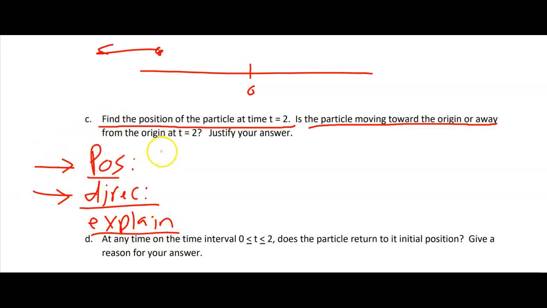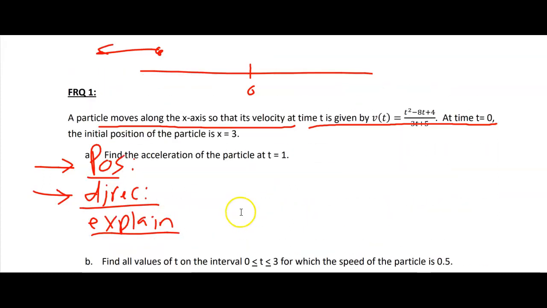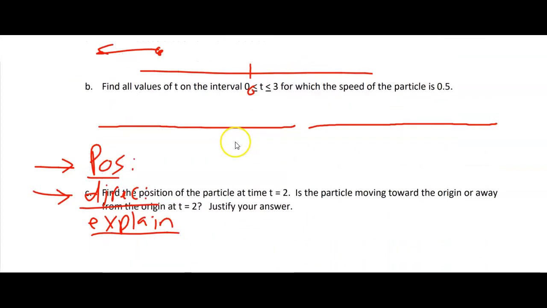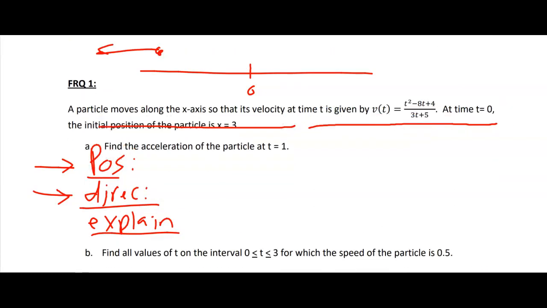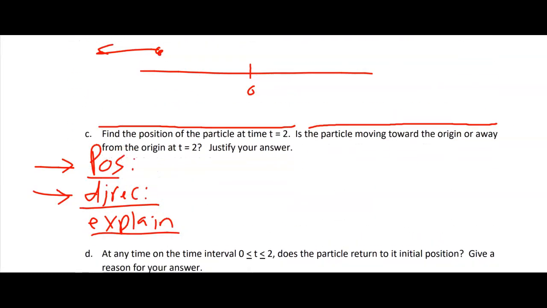Well, if you want to find the position of a particle using the velocity function, you're going to take the particle's initial position, which I think I forgot, so I think up here it says it's 3. Sorry, let me scroll this down to where it needs to be. There we go. The initial position of this particle is 3 plus the integral from 0 to 2 of velocity.